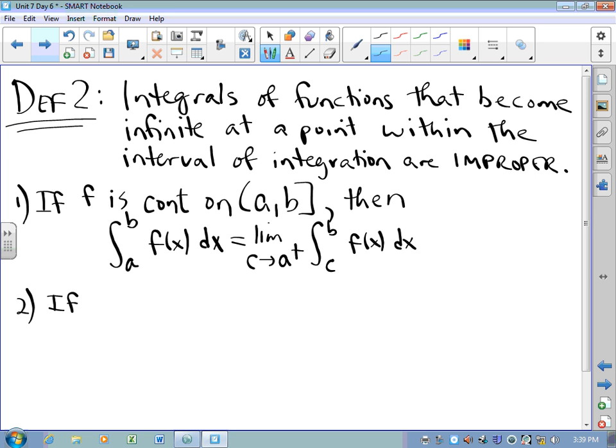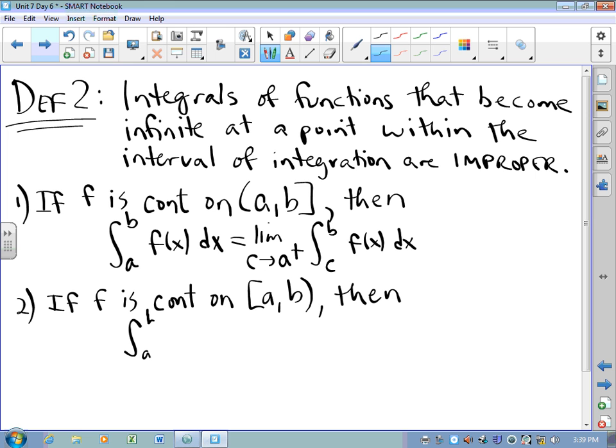Similarly, if f is continuous on the half-open interval [a, b), then the integral from a to b of f of x dx is the symmetrical case. We take a finite integral that we know how to do, and we push that limit toward the part that gives us trouble.